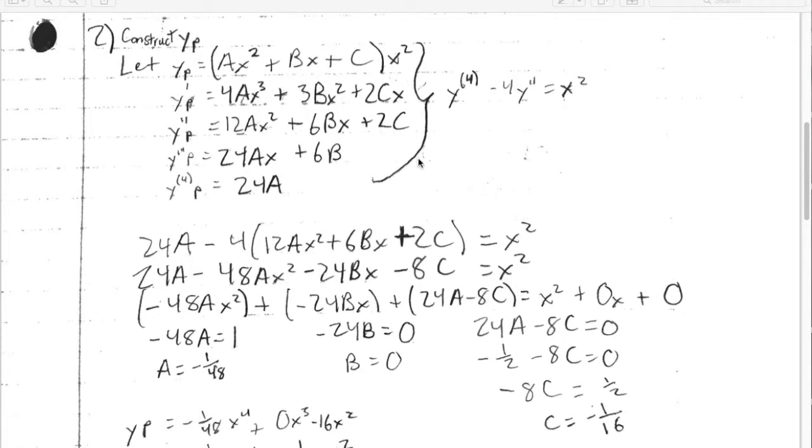So we'll plug in 24a because that's the fourth derivative, and then subtract 4 times the second derivative, which is 12a x squared plus 6bx plus 2c, and that will be equal to x squared.